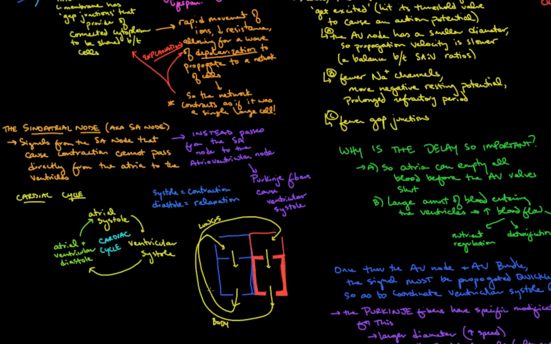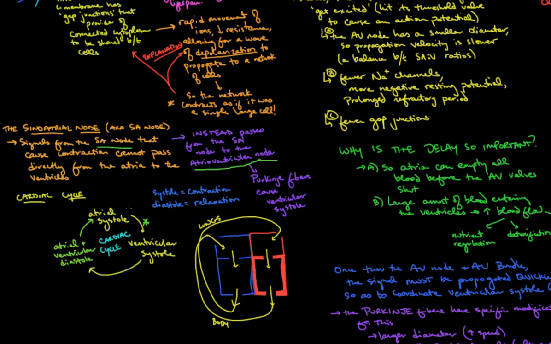Now the way that happens is that before ventricular systole, there's a very important delay, I'm going to put a star here, that happens right here in the cardiac signal. That delay is due to the SA node sending a signal to the AV node. And the AV node then continues sending that signal to what are called Purkinje fibers, which cause the ventricles to contract.